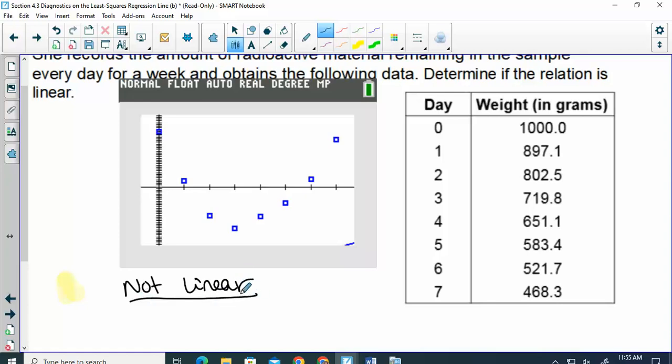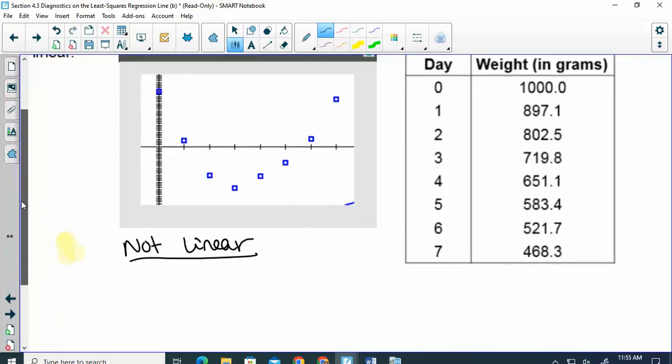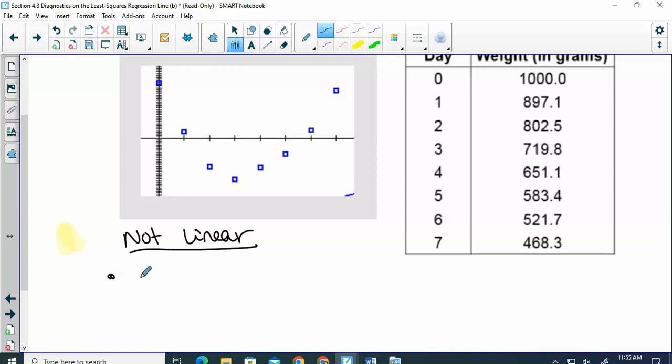Okay, it doesn't mean the line still didn't do a decent job. It just means there's probably something better out there.